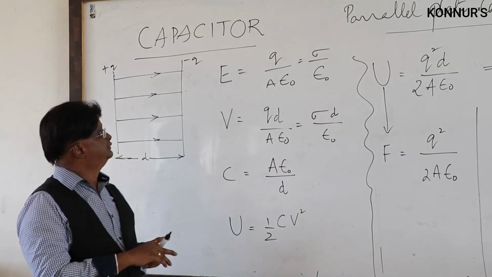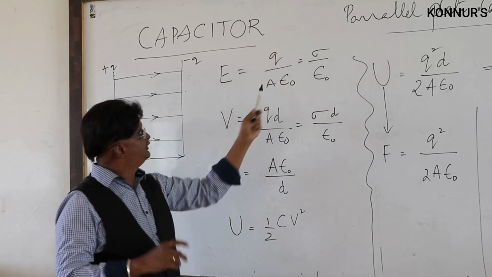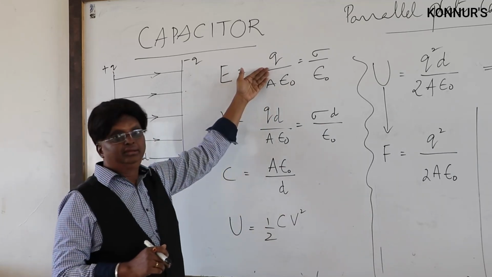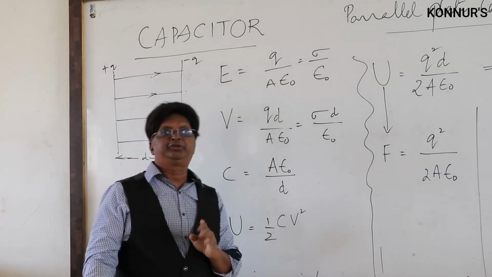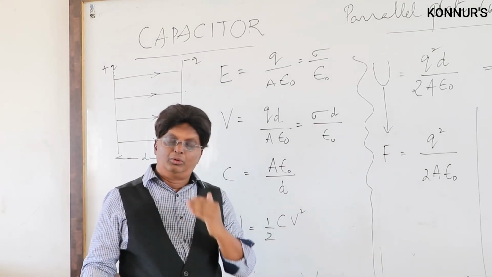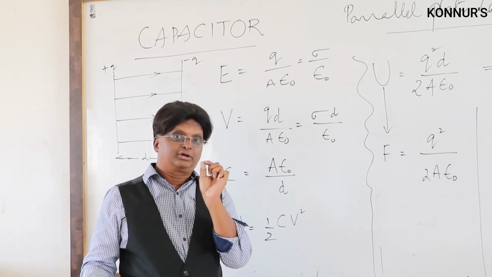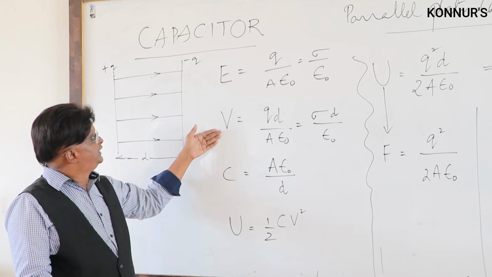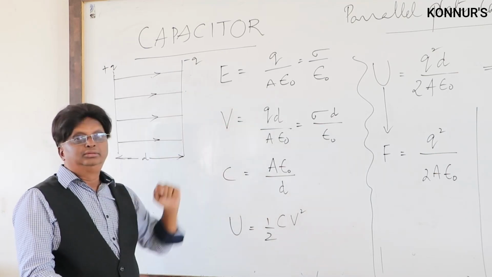It is also given in terms of sigma, Q by A, the charge density sigma. Another result is that E is independent of D. This is your observation skill: look at the RHS and LHS and go on finding the constant terms and the variable terms. The potential difference between the plates is V equal to ED.